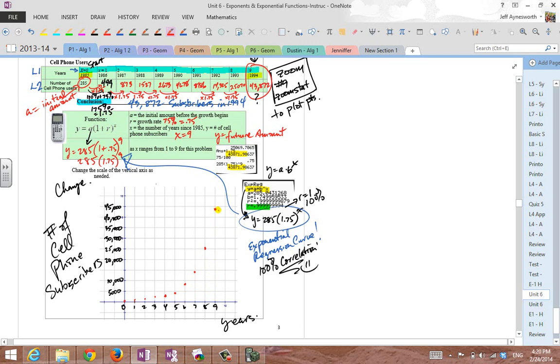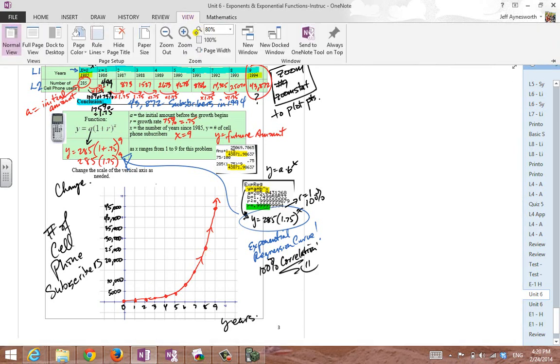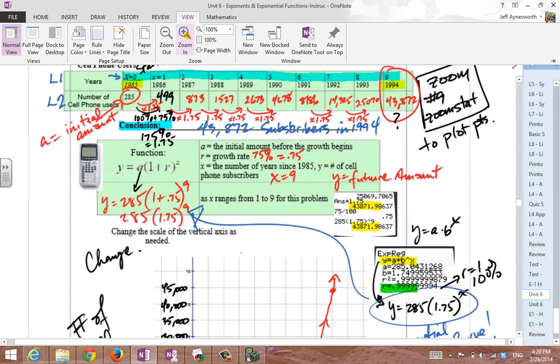So if you graph this function, it looks like an exponential, and it's increasing quickly. Every year it's increasing by 75%. Let me clean this up a little bit. There you go. So it's a growth function, and you can see that a little bit better here.